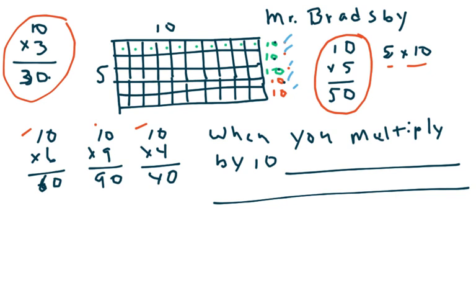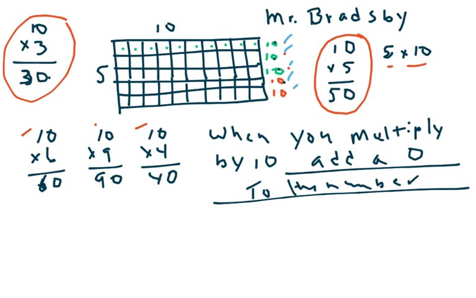So the answer is 30. So that's one way of thinking of multiplying by tens. Another one, which is even a shorter rule that I've seen, is that when you multiply by 10, you add a 0 to the number.